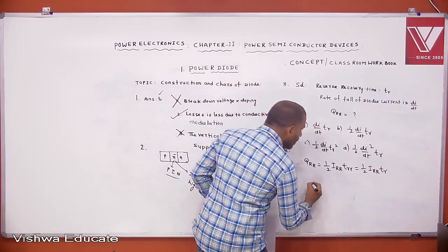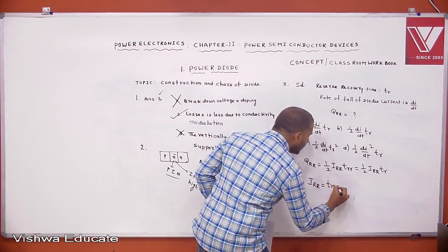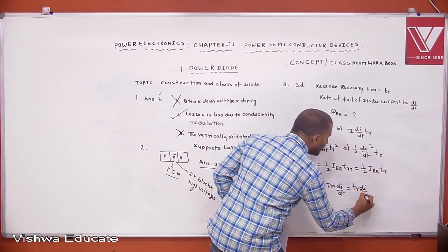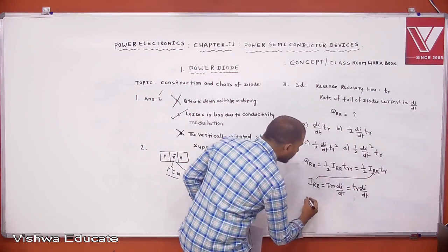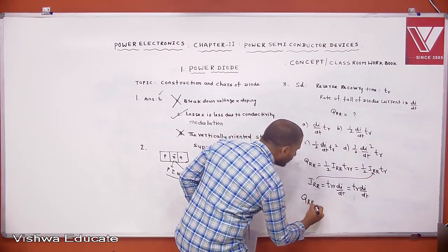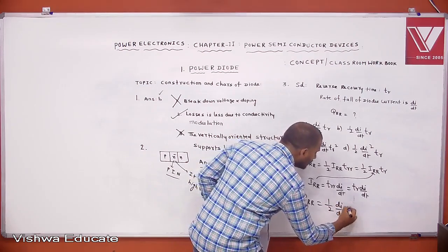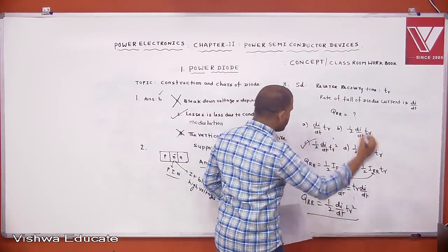But you know this. What is IRR equal to? TRR into di by dt. These expressions are already given. So IRR is TR into di by dt. Then you substitute IRR in this equation. Then what do you get? QRR equals 1 by 2 di by dt into TR square. Then option C is correct.